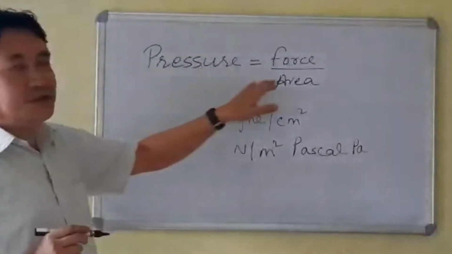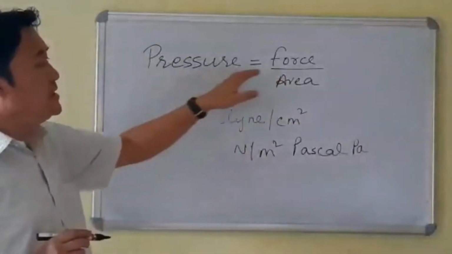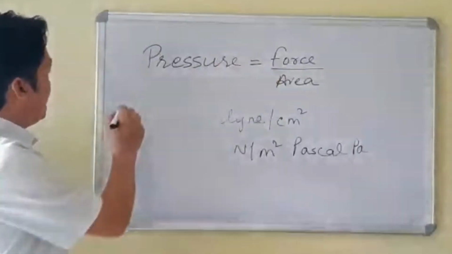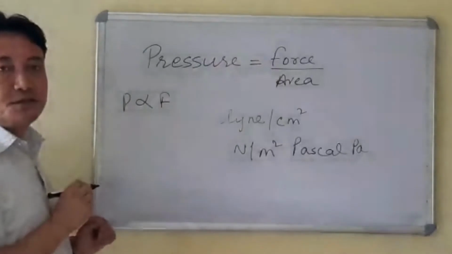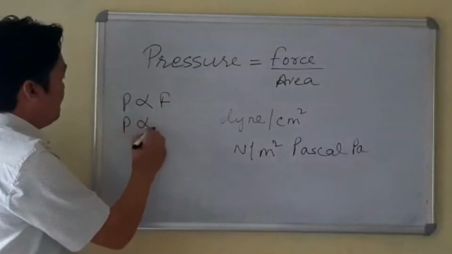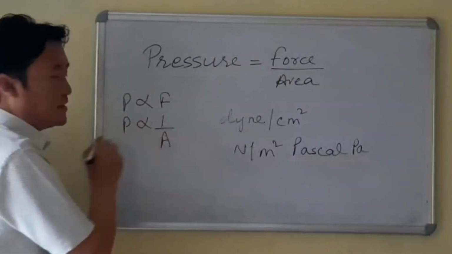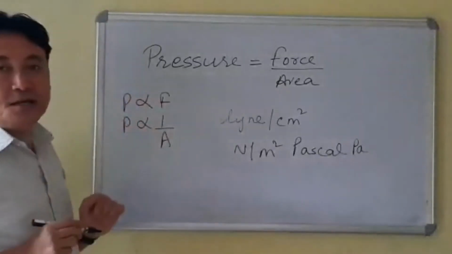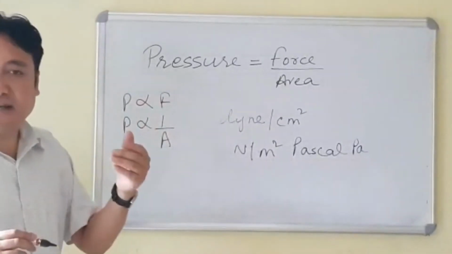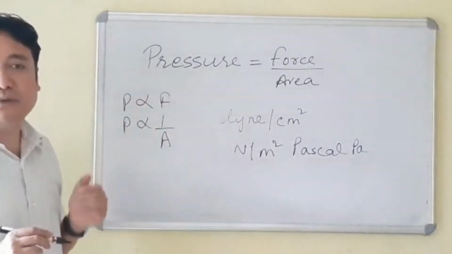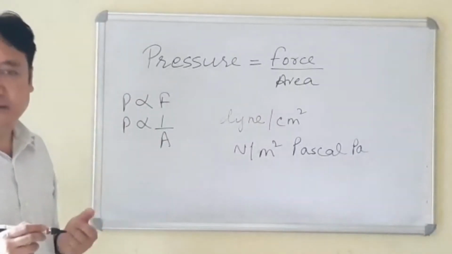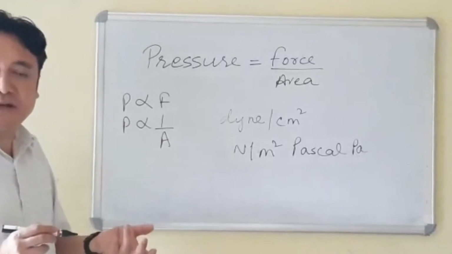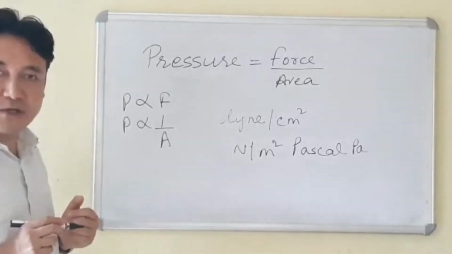Now, from the definition, pressure is directly proportional to the force, and pressure is inversely proportional to the area. Pressure is directly proportional to the force means the greater the magnitude of the force, the greater will be the pressure. The lesser the force applied on an object, the lesser will be the pressure.